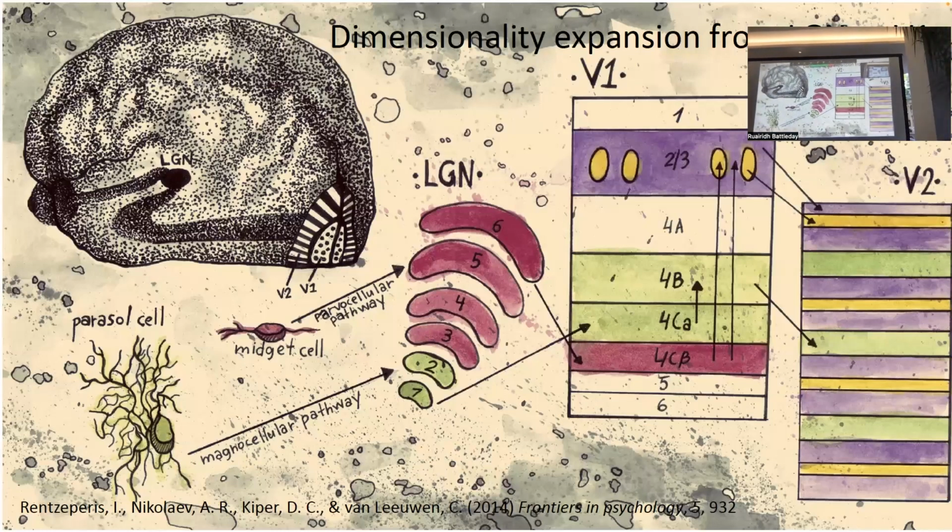Another thing that we know in V1 is that there is a dimensionality expansion from LGN. For its input, there is 100 times more inputs in V1 compared to LGN. And most of the neurons in V1 are silent, so there has to be something going on.